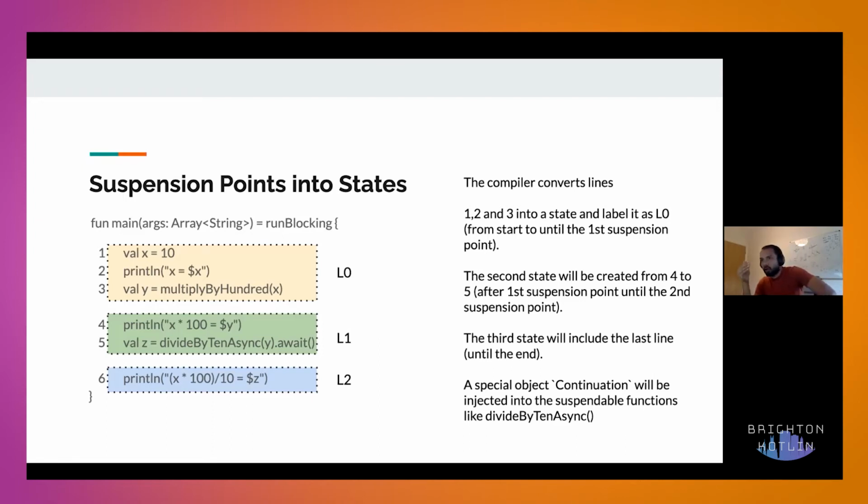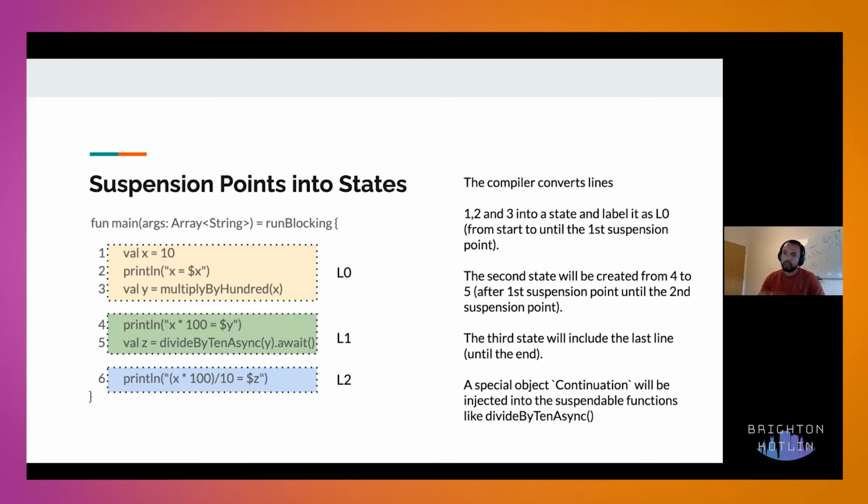When you meet a suspension point, like line number 3, anything before that up to line 3 is labeled, let's say, label 0. Then it goes on, and there's another suspension point at line number 5, and you see another label called label 1. The last one is label 2, which is the usual print line.